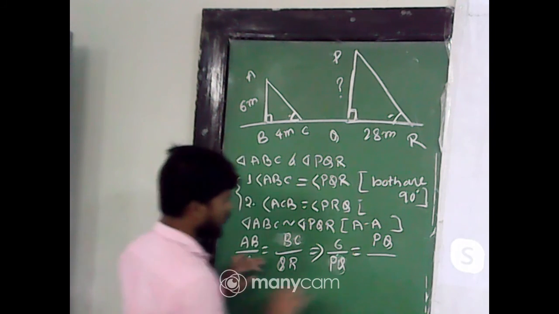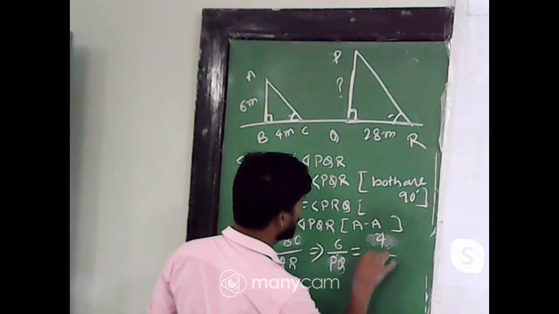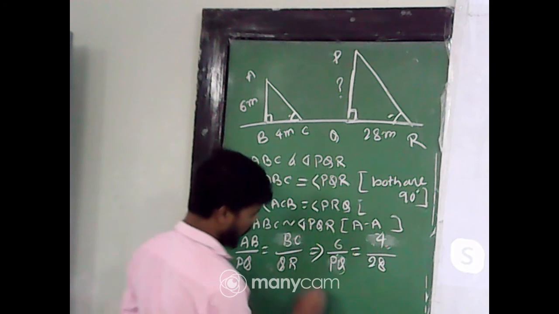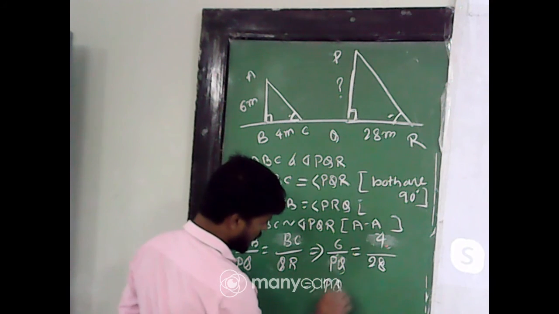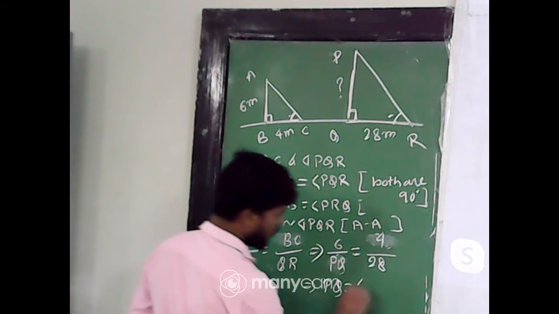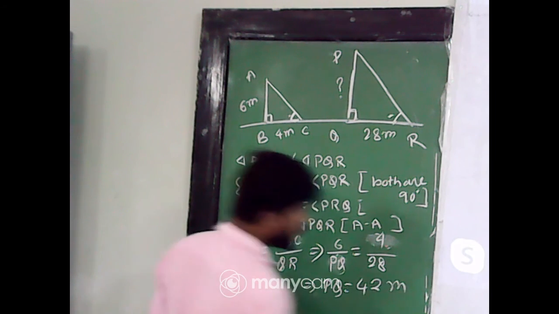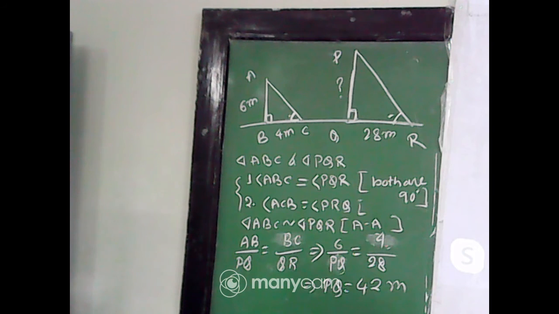So it is BC, 4 by 28. Now from here calculate the value of PQ. I think it is 42 meter. Let's just check whether I have done right or not. Value of PQ is equal to 42 meter, isn't it?